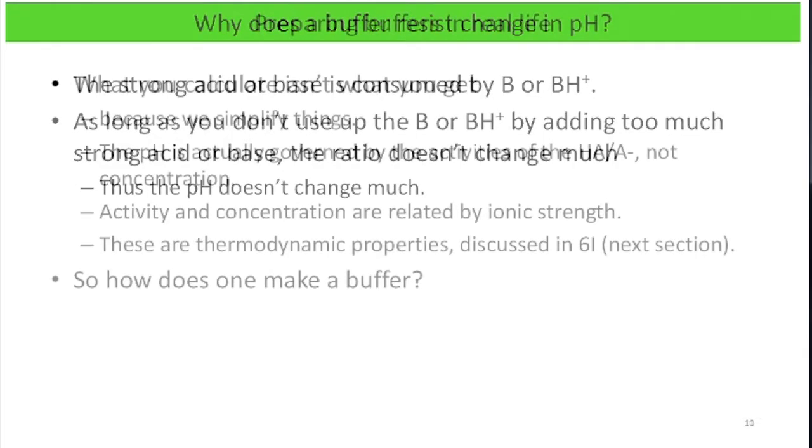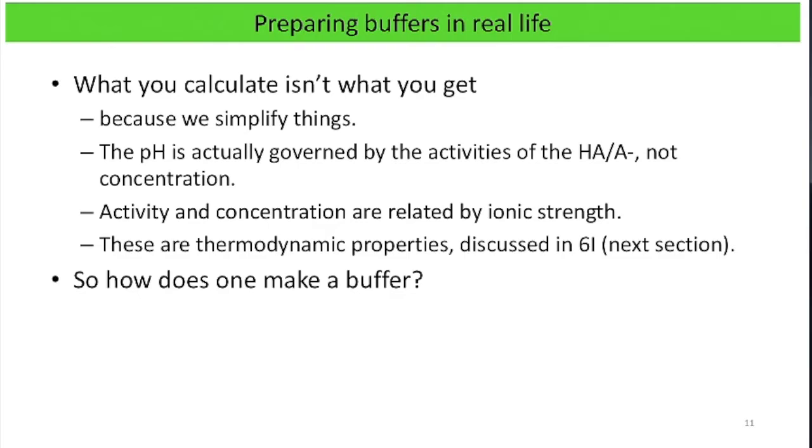The problem with using the Henderson-Hasselbalch equation to calculate the pH of a buffer is it's not quite perfect, because we simplify things when we do these calculations, and we don't consider what are called the activities of the weak acid and the weak base. Now, we're not going to go over this in class, and you probably won't run into this very much in upper level classes.